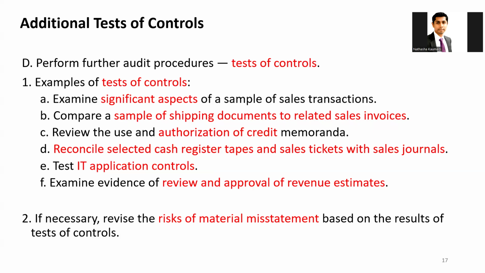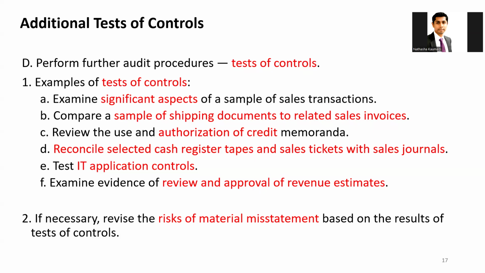There are IT related controls as well, whether they have passwords into the system, whether that password is the same for all finance personnel, or whether they have different passwords and usernames for different parties even in the same finance division, whether they are sharing the passwords among friends. Likewise, whether they have CCTV cameras in place. Likewise, they are trying to test the IT related controls as well.